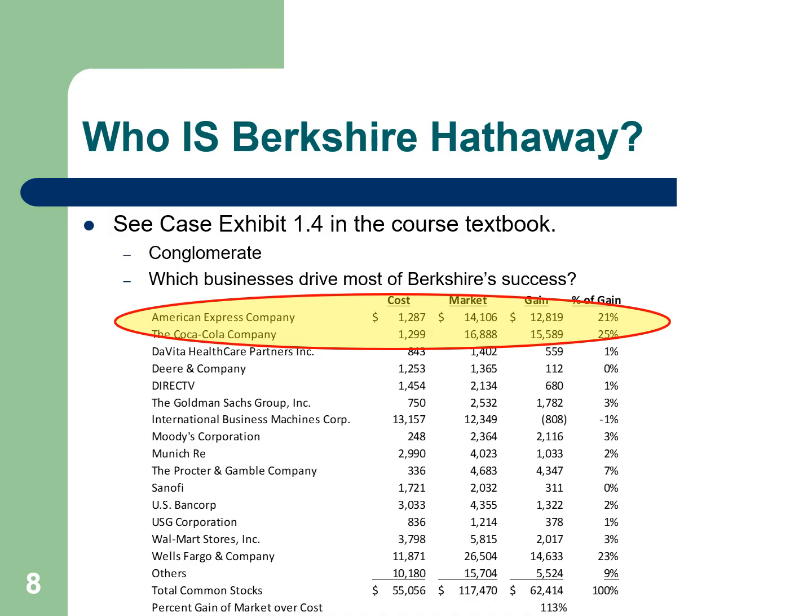The Case Exhibit 1.4 in the course textbook will provide a detailed breakdown of these investments, allowing you to analyze which businesses have driven most of Berkshire's success and how this relates to Buffett's investment philosophy.